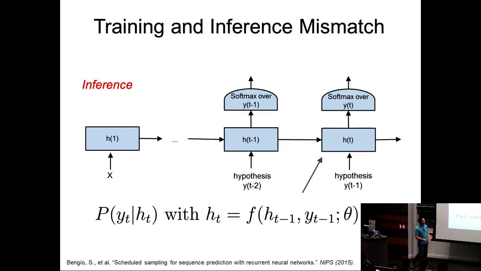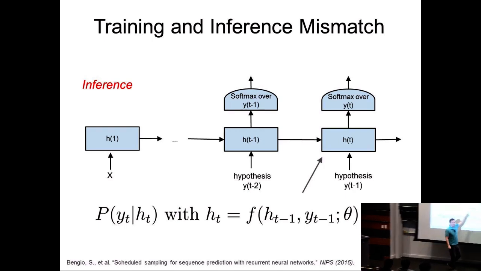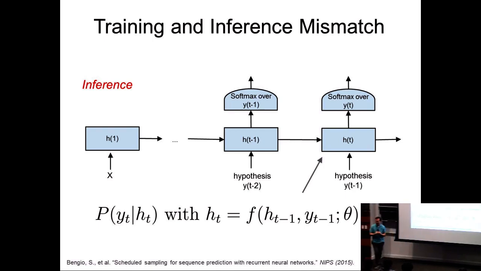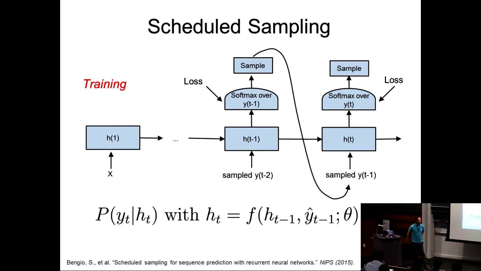The reason is that if your hypothesis is wrong or slightly deviates, it's very hard to recover in the future, because you're not training the model that way. You're training the model by always giving it the true translation and trying to predict the next word, so you're always correcting yourself during training time. There was a paper called scheduled sampling.